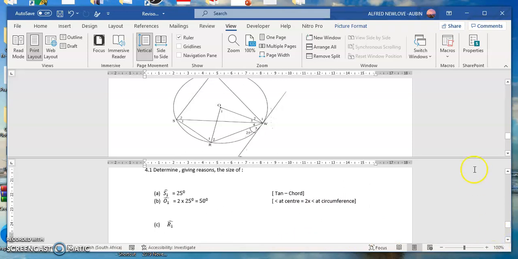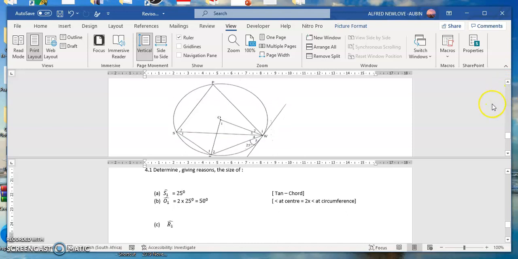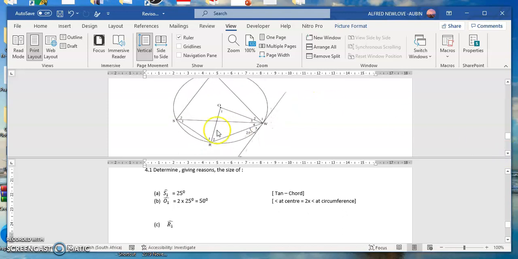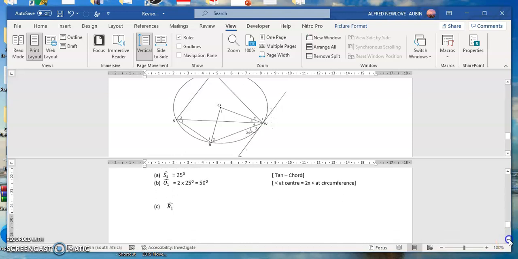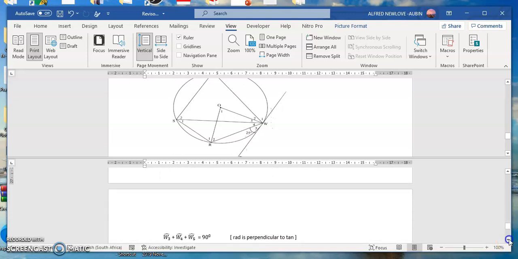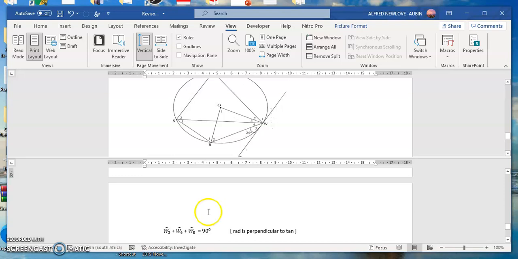Then the next question is, determine R1. Where is R1? This is R1. Let's see how we are going to do that. We know that W3 plus W4 plus W5 is equal to 90.